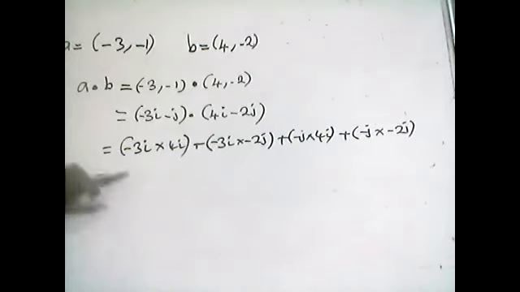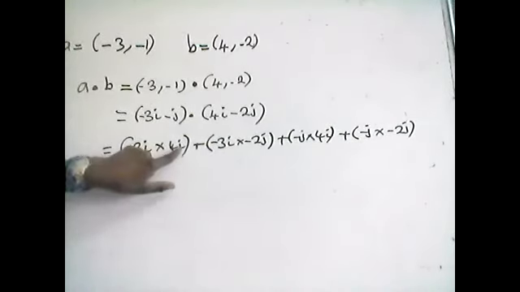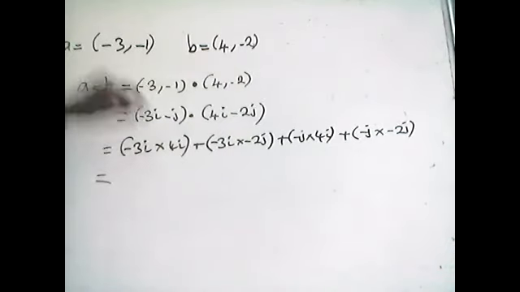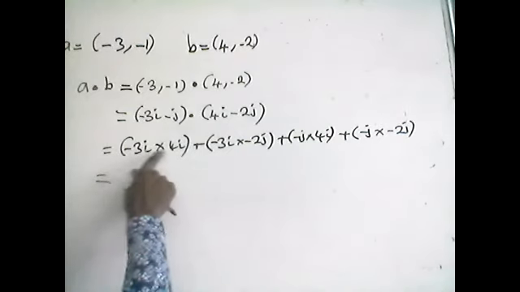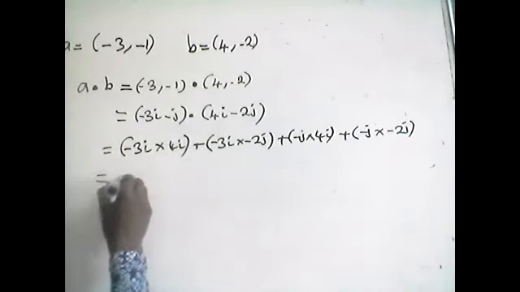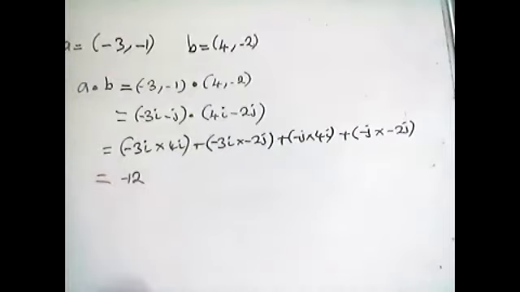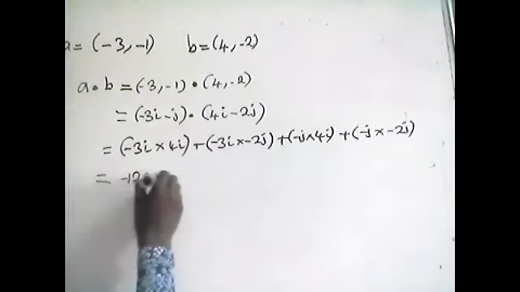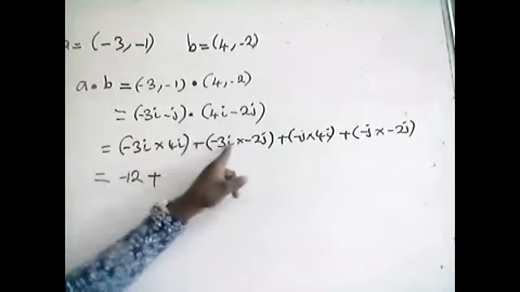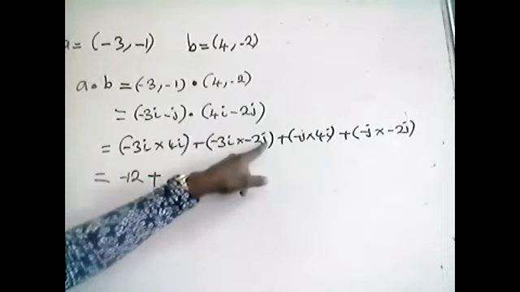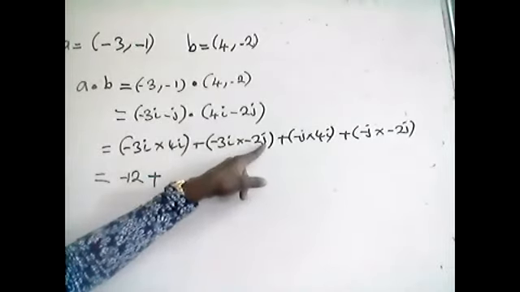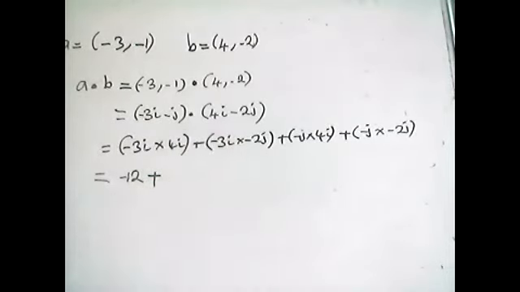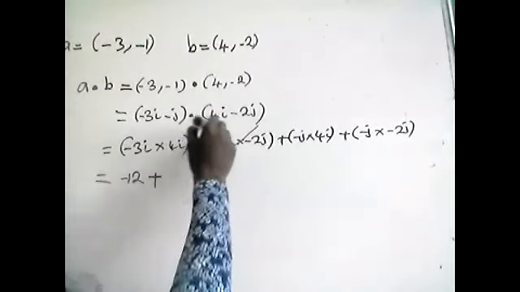Remember what I said, i multiplied by i, the answer is 1. So we're just going to remain with -3 times 4, which is -12. Here we have i multiplied by j, which is 0, so this part has no effect.